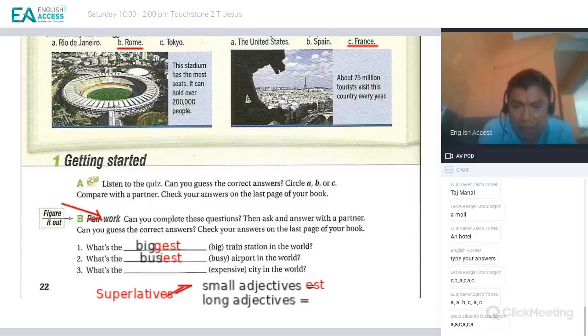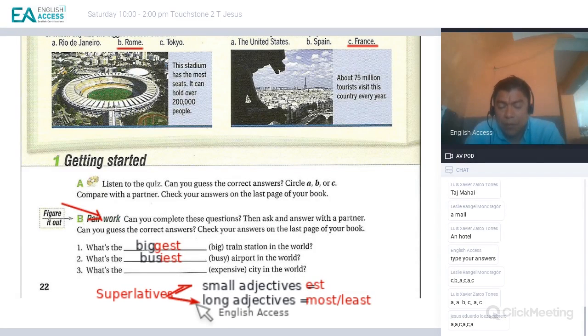And when we have long adjectives, we say most, or the opposite, least. And this is also with long adjectives. We also have it with nouns. Yes, superlatives with nouns.